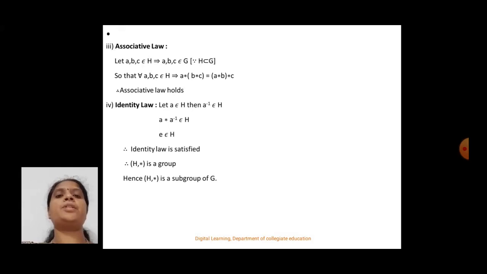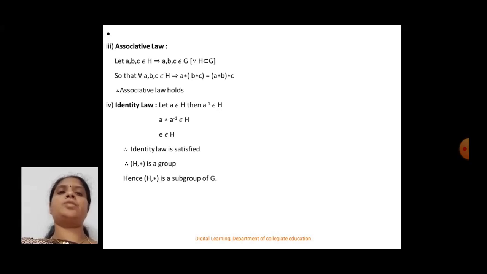How do we prove the associative law? We have to consider three elements a, b, c, which implies a, b, c belong to G. If a, b, c belong to H, then since H is a subset of G, they also belong to G. Therefore, for all a, b, c belonging to H, a star (b star c) is equal to (a star b) star c.